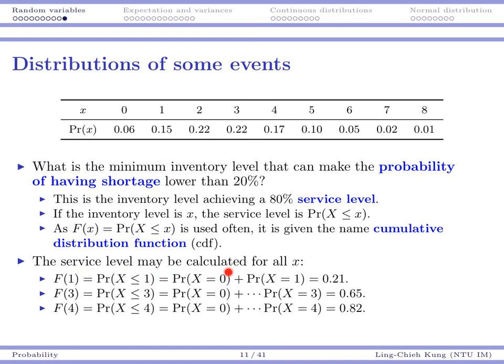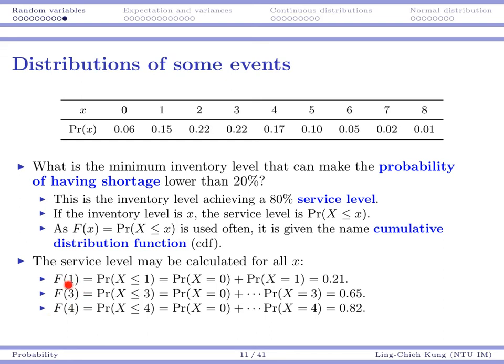So the service levels may be calculated for all possible small x. If I say x is 1, what does that mean? I'm going to buy in one apple, put that into my store, and calculate the probability for me to have no shortage. In that case, I'm hoping that there will be only 0 or 1 consumers, so the probability is 21%.